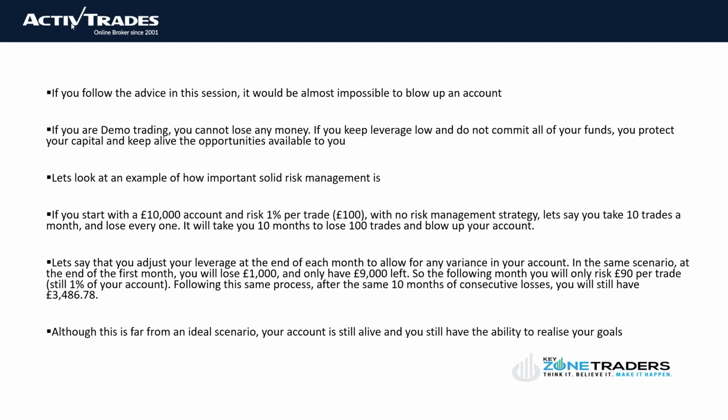Can you use lot sizes to lower your risk on a trade? I'm not too sure what you mean by that, but yes, you can reduce the number of lots that you trade so that you only risk smaller amounts. And I believe ActivTrades also allow for micro lots, which means that you can go to 2 decimal points of a lot, which helps you manage your risk as well.